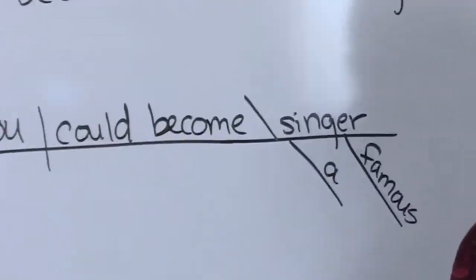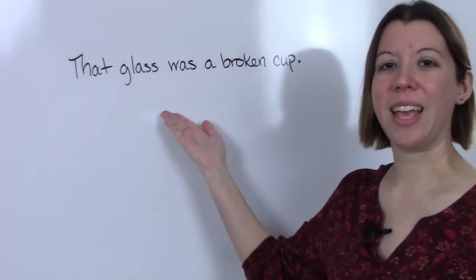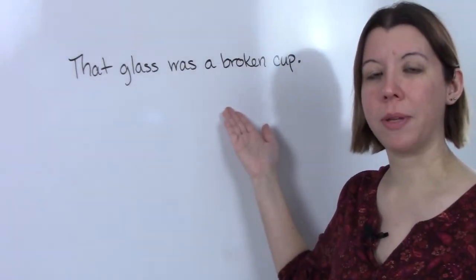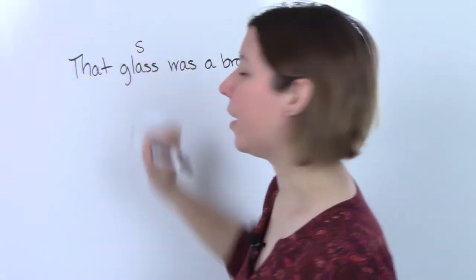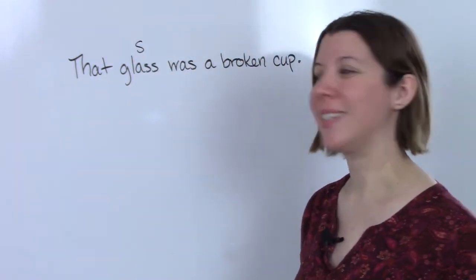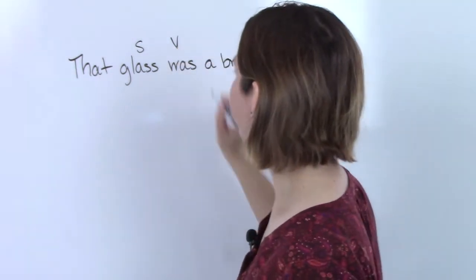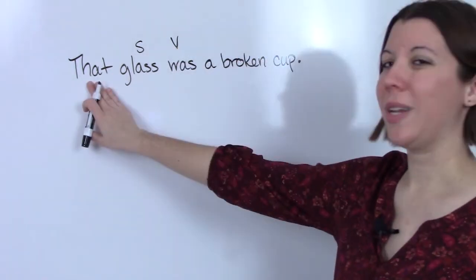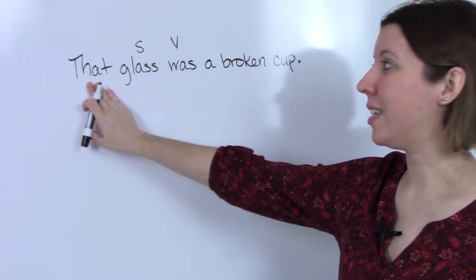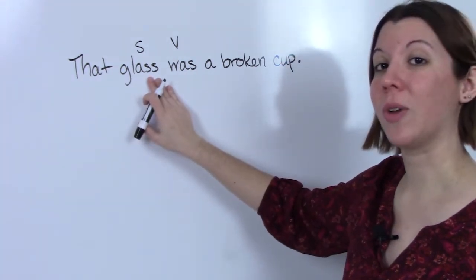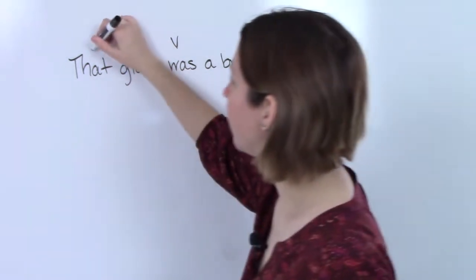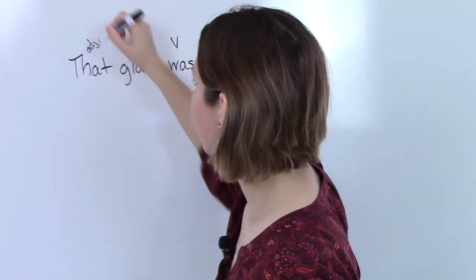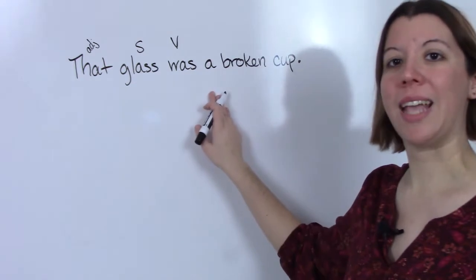Let's try one more. Here we go. That glass was a broken cup. Subject, glass. Verb, was. So what is that? That is an adjective because it describes glass. It says which glass we're talking about. What is A?